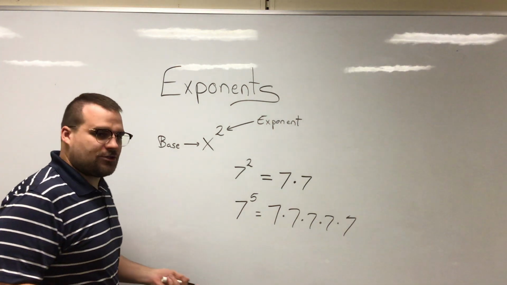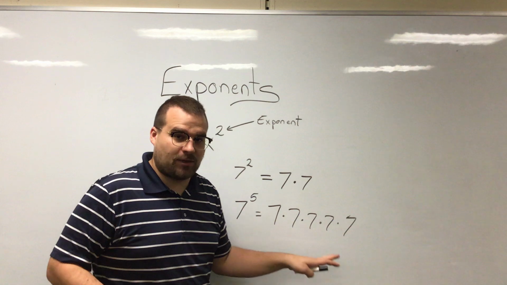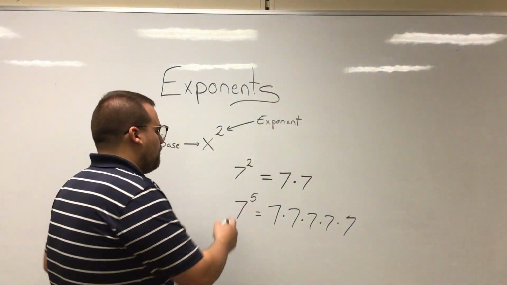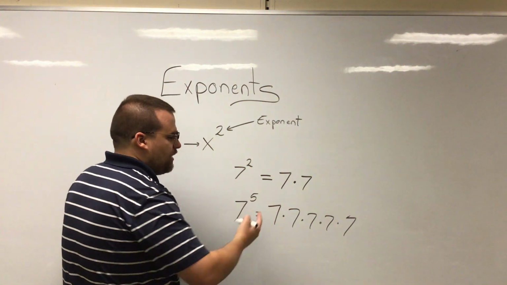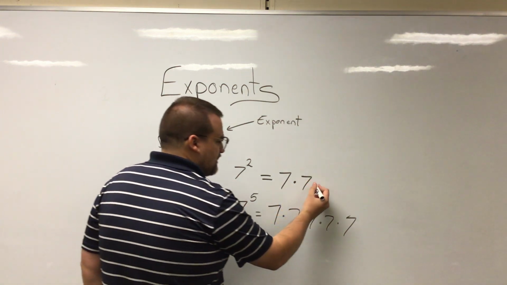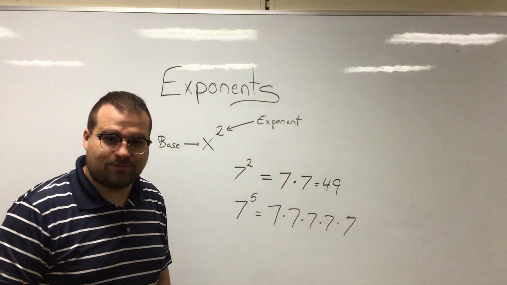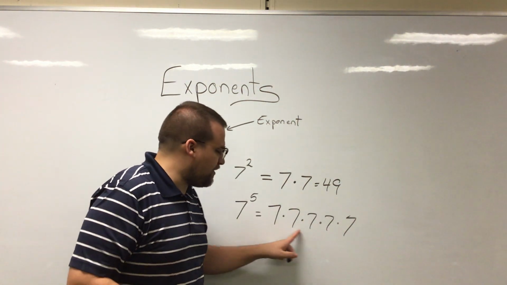Now if we wanted to actually turn these into whole numbers, we could just do this multiplication, right? We could say, well, 7 to the second power is 7 times 7, and 7 times 7 is 49. We did it. You could do that same thing here.